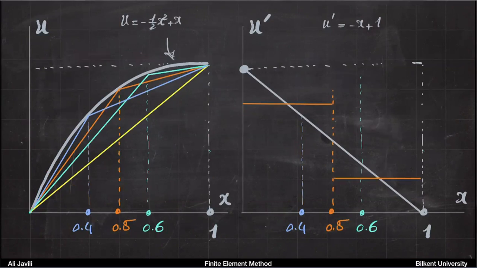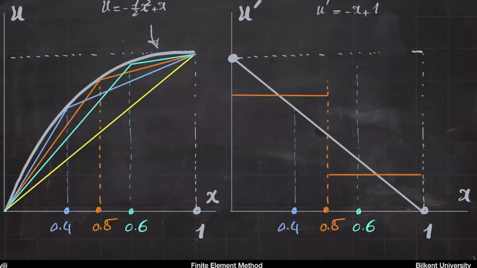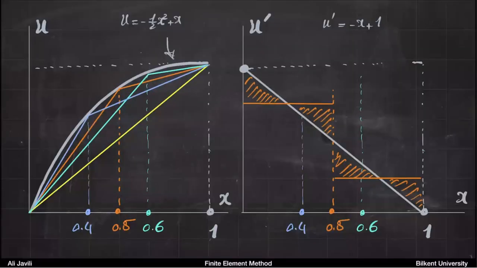Now, before I make this picture too complicated, I want you to see it this way. If you look at these areas, it seems they are canceling each other, basically. So this is in the heart of the finite element method.